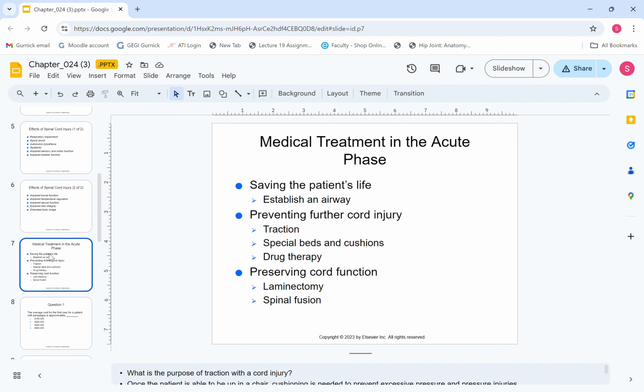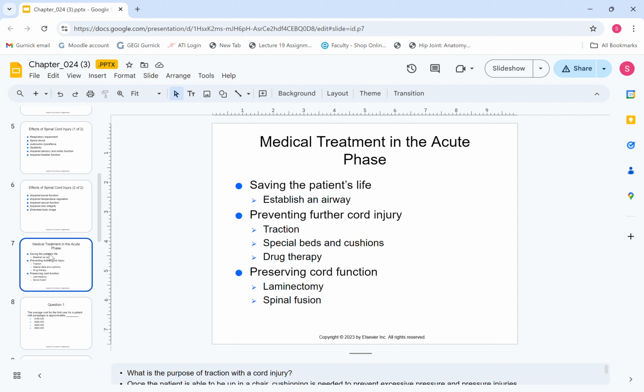You have to make sure when you're turning them that you move every bit of their spine together at the same time. So the head and the shoulders and the hips all have to be moved together to keep the spinal cord nice and straight. That might be a little difficult to do, so they've made some special beds and cushions to help out with this.